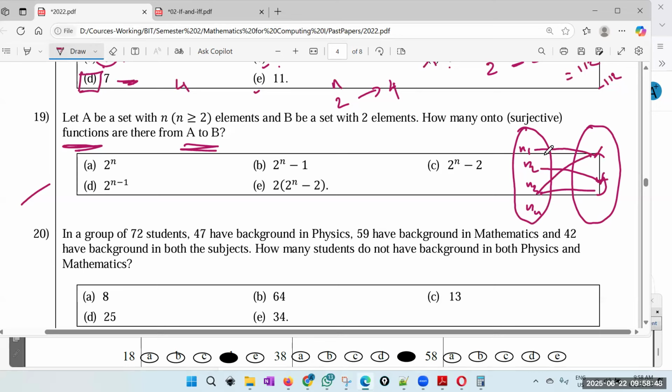Sorry, this one has 2 to the power 1 possibility, because this can map to this, or this can map to this. But this one always needs to map to this one and this. The rest of the stuff is because anyway 2 elements must be mapped to these two. But again, there are possibilities like this maps to this.